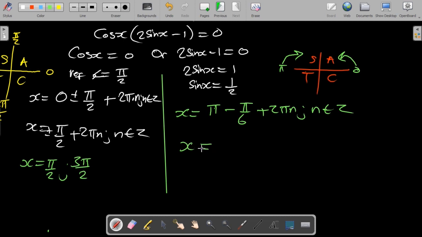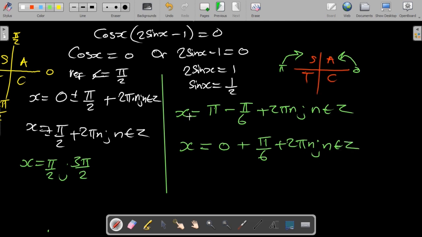And this would give you x equals 0 plus the same reference angle. So use the same reference angle in both cases and use the first part of your general formula to describe the sign of this number that's on the other side of the equal sign. Okay, then we're going to add the period again. That's what we finally have.